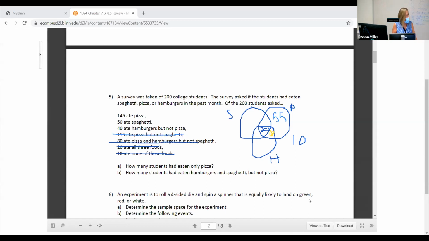So 145 8 pizza. So I need the pieces to add to 145, right? Let's see, we're at 80 and 55 is 135. Is that right? So check me. Is that right? Yes.